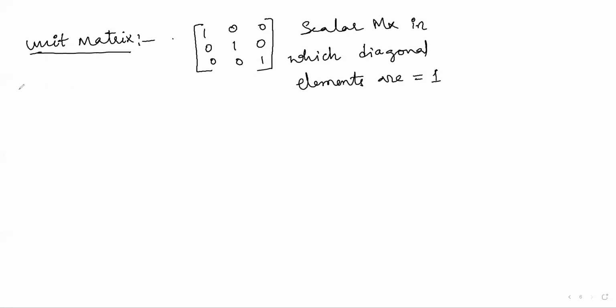This is what a unit matrix is. You can also call it the multiplicative identity matrix.